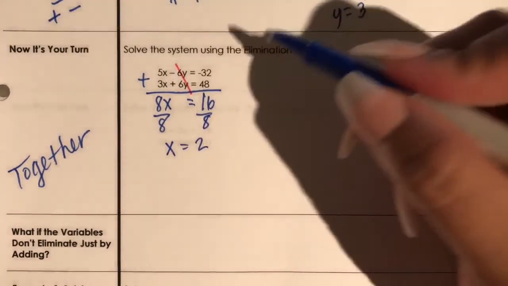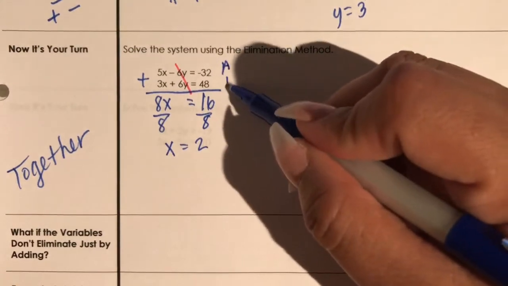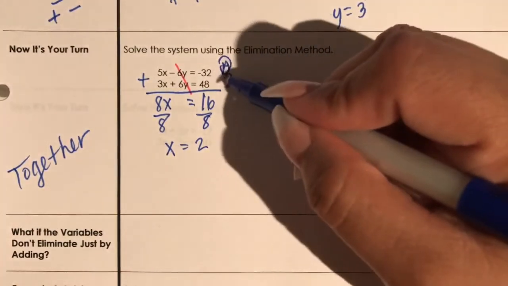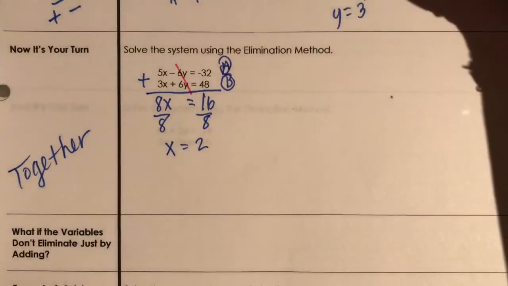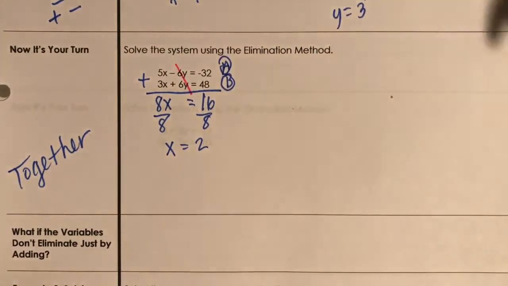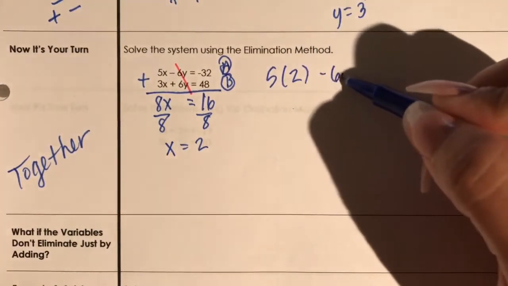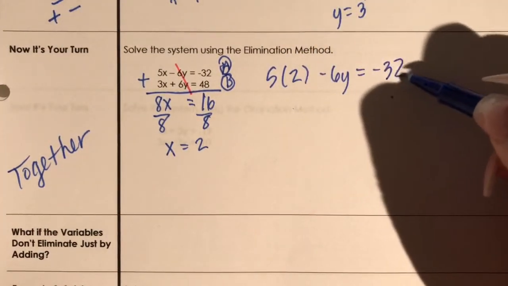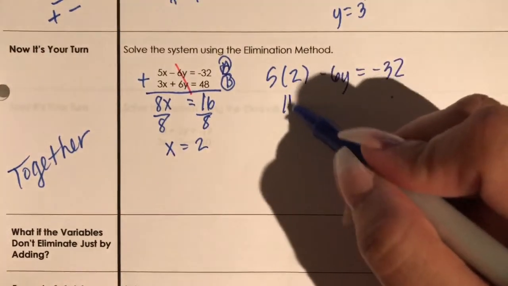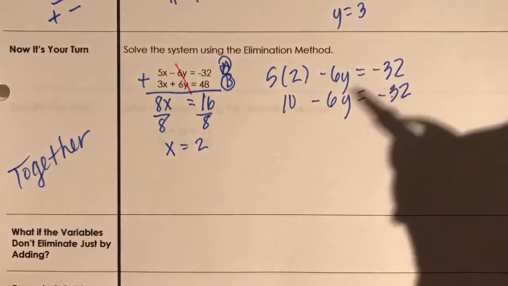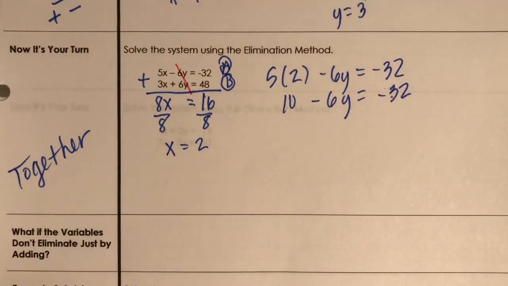Now we're going to substitute back into equation A. Times 2 minus 6y equals negative 32. We're solving for y. 10 minus 6y equals negative 32.